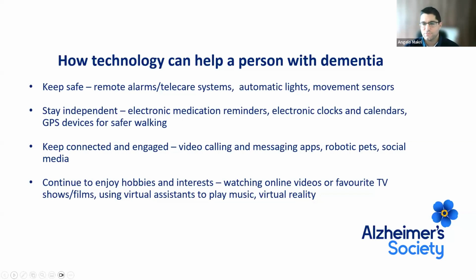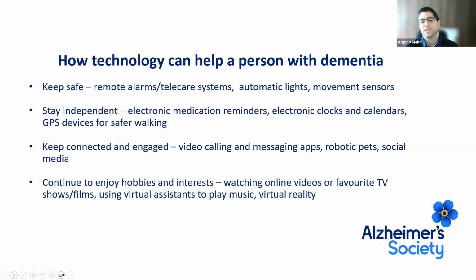The lights will just go on for them. I've also put movement sensors. This can help a carer to know if a person is up and about, moving around their home. If they're not, potentially there might be something wrong, so the carer can go and check on them. Then there's staying independent.